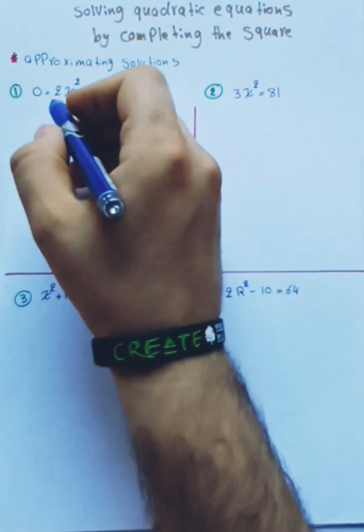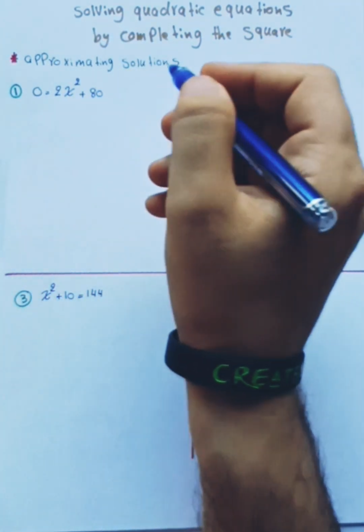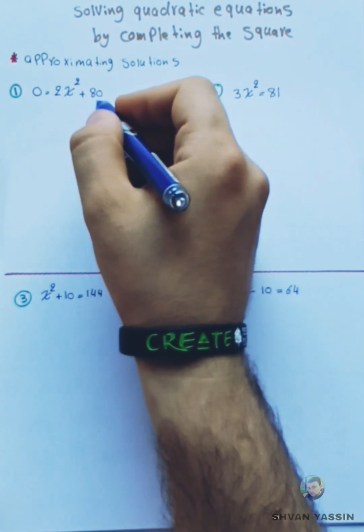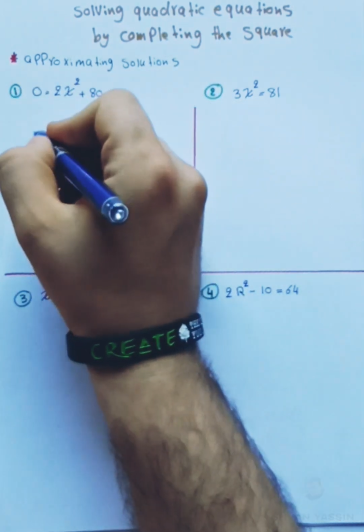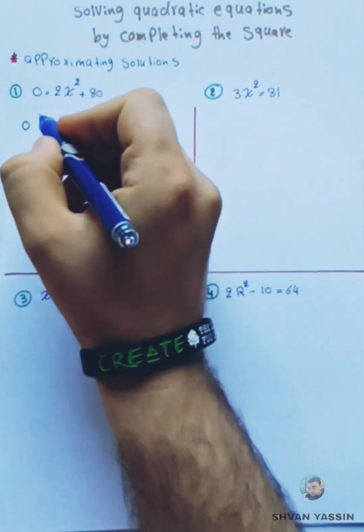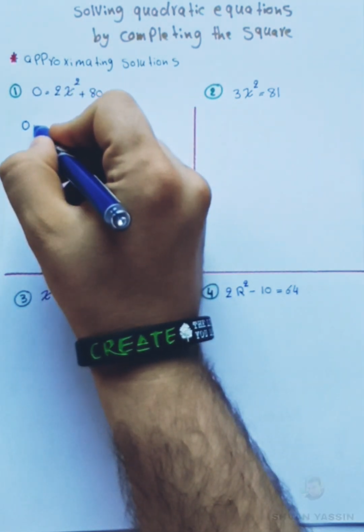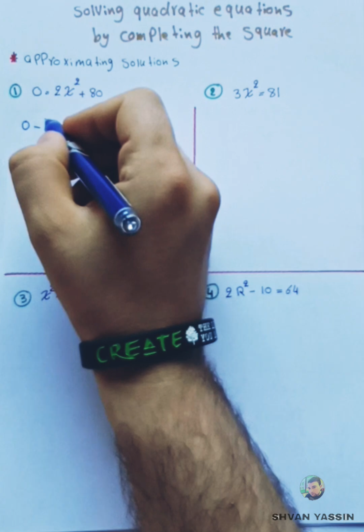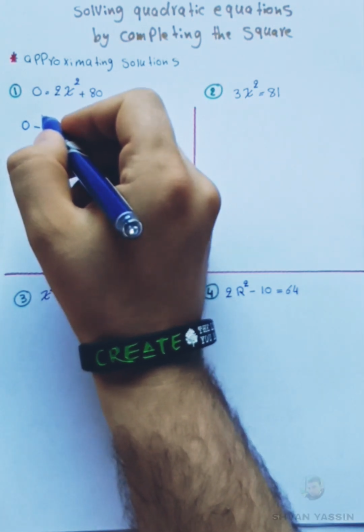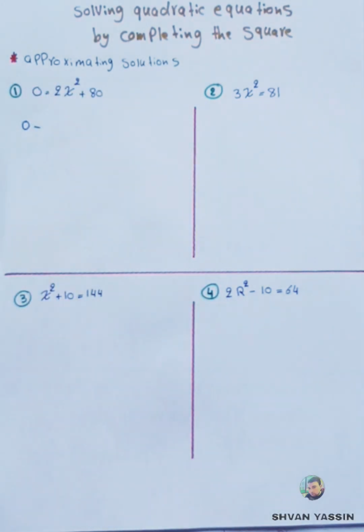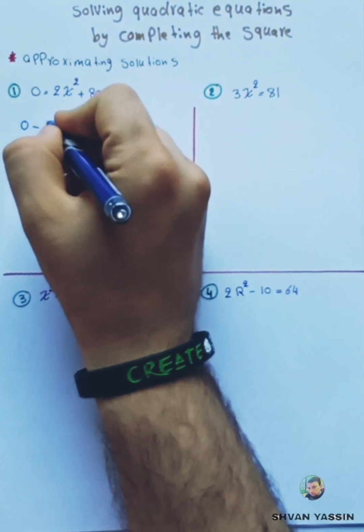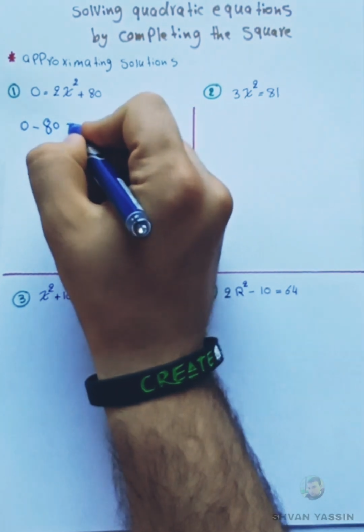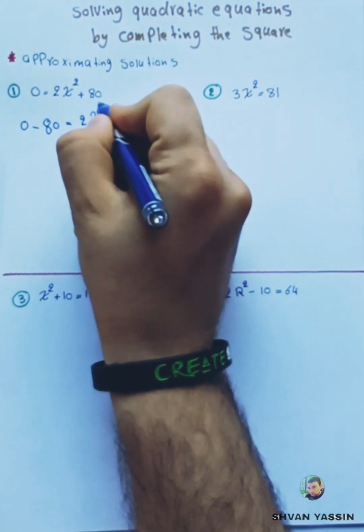Example number 1: 0 equals 2x squared plus 80. First, we have to move the positive 80 to the left side, so you have 0 minus 80 equals 2x squared.